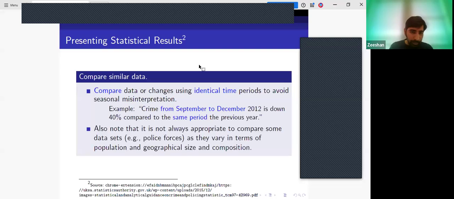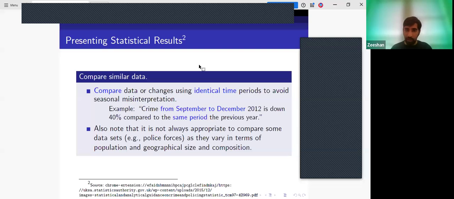And sometimes you are going to compare data sets from one locality to another. In that case, you should be very careful about what kind of variable you are going to compare. For example, if you compare police forces from one region to another, you have to think about whether they are comparable or not, because some data sets vary in terms of population and geographical size or composition, so the comparison may not be meaningful and doesn't make sense.